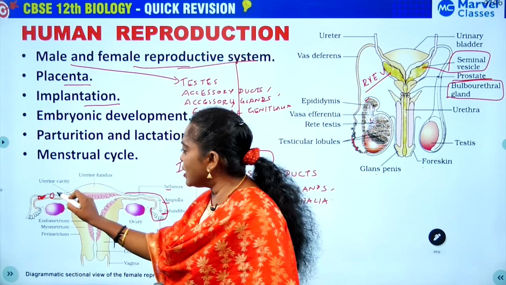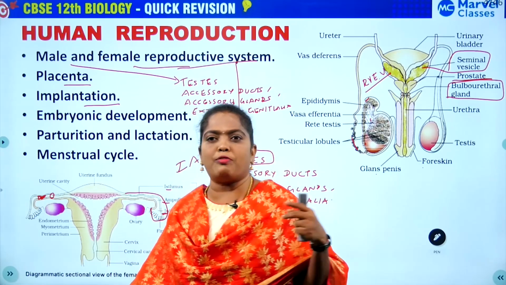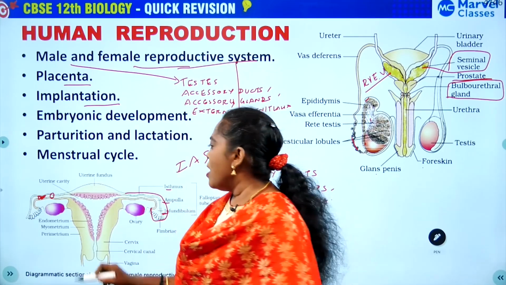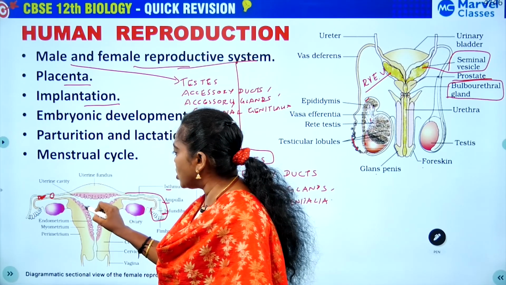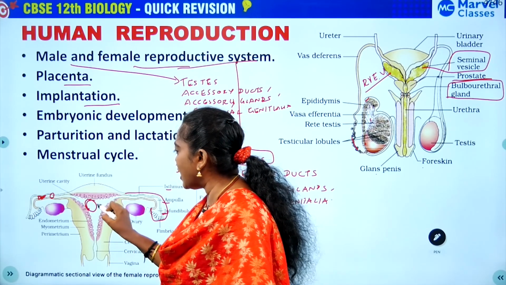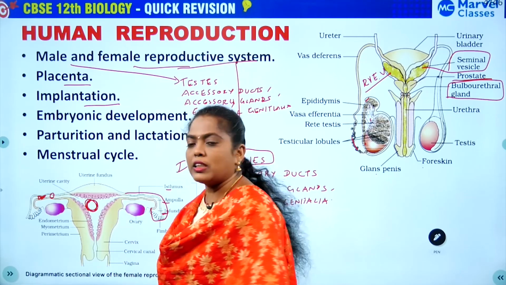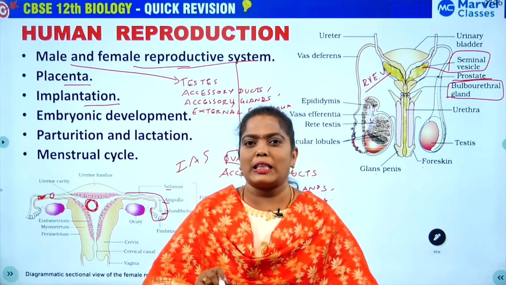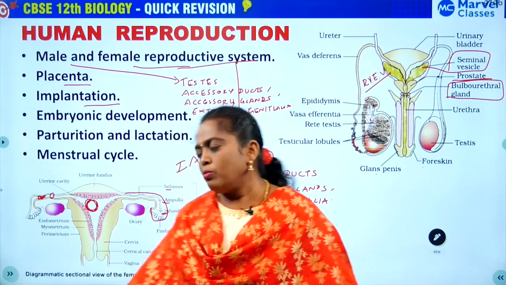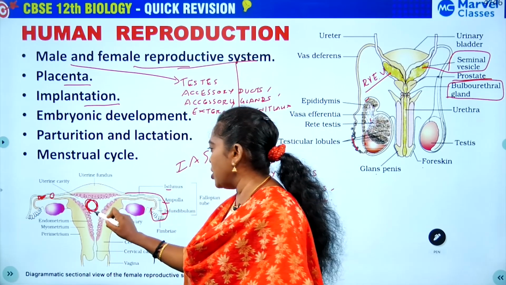Then slowly the zygote develops into 2 cell, 4 cell, 8 cell, 16 cell. Then the blastocyst stage comes and attaches to the uterus. That is known as implantation.